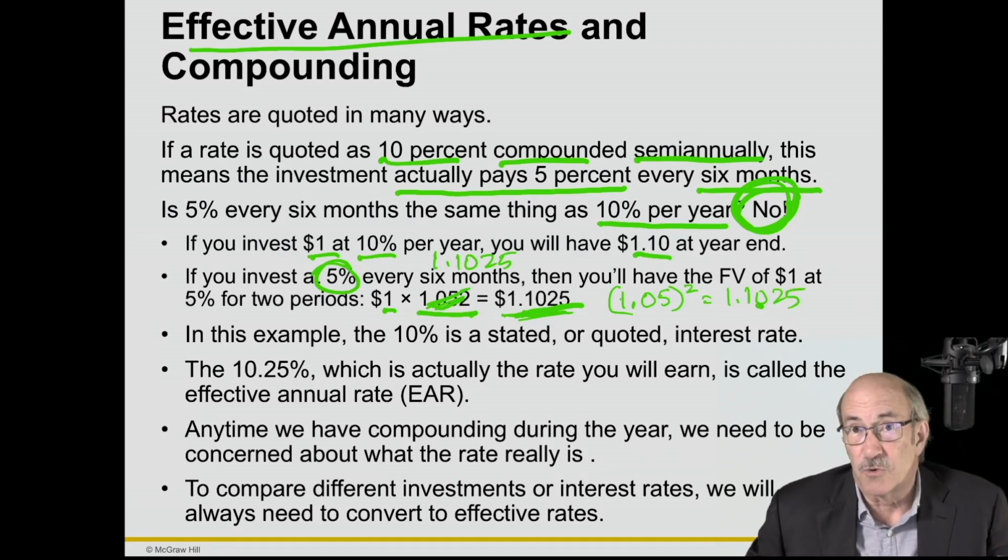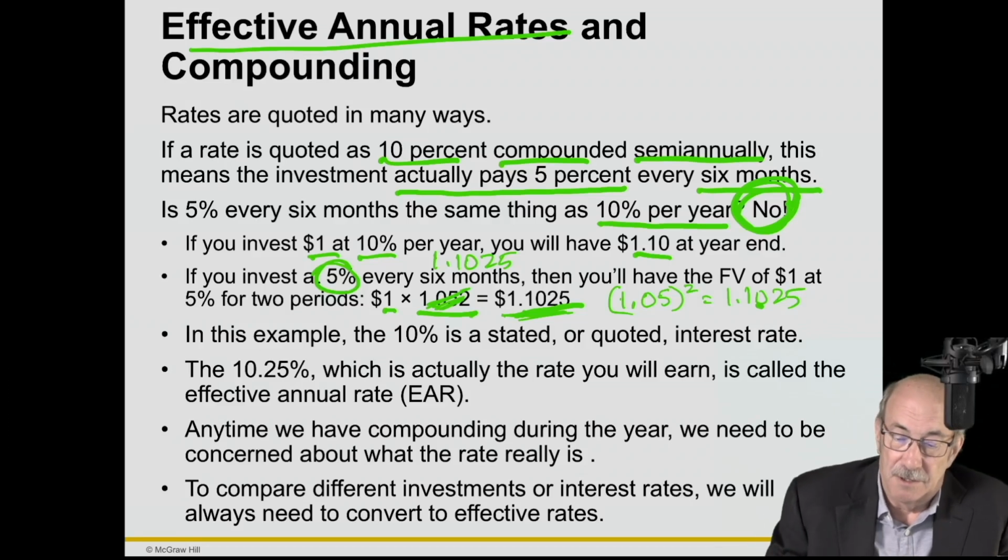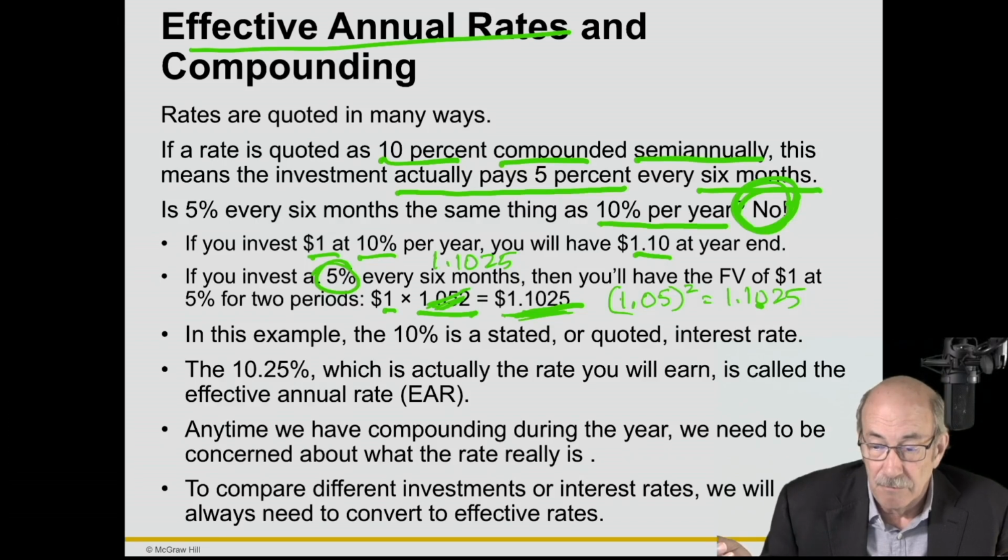So that extra 25 basis points, by the way, a basis point is 1/100th of a percent. So I could say that 1/4%, or I could say 25 basis points. So it's an extra 1/4%, which is not trivial, really, especially if you're borrowing. Might mean your payment is considerably higher than an alternative.